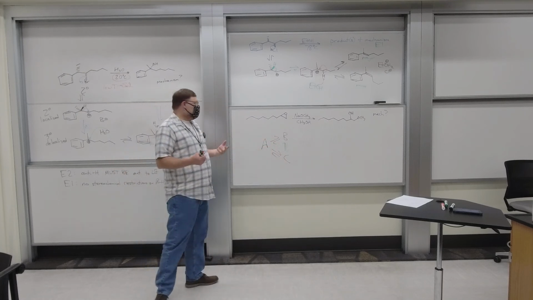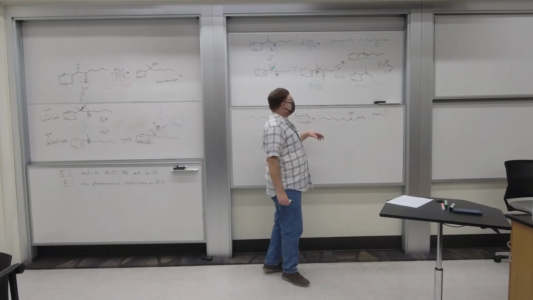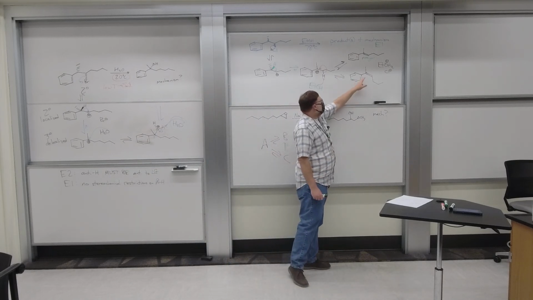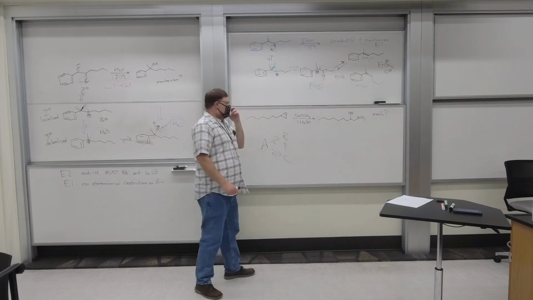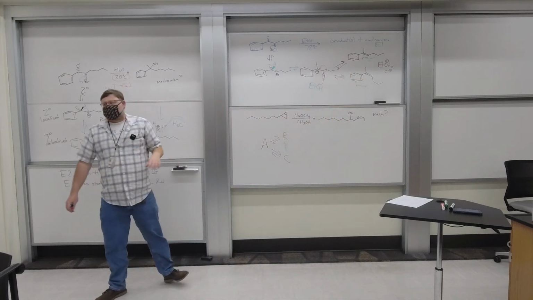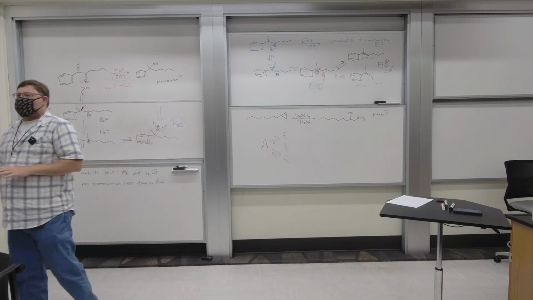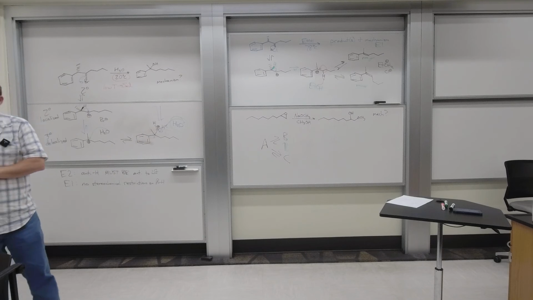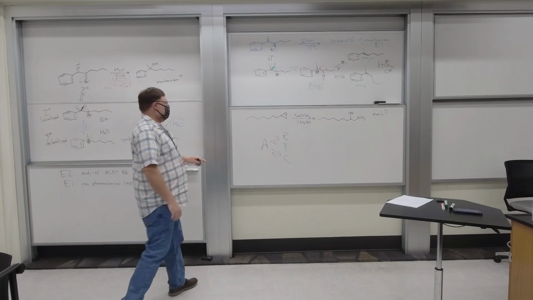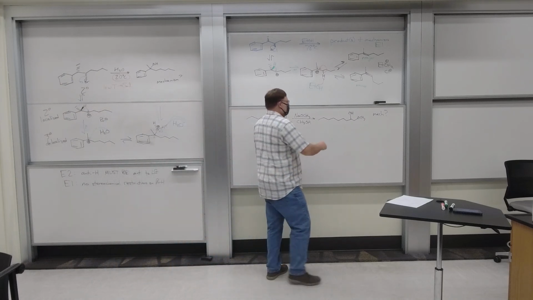And so any 2 things in equilibrium, you're going to decide how much you have based on stability. The major alkene is more stable than the minor alkene. Questions? All right, take a couple of minutes if you haven't already and work out the mechanism on this bottom reaction.